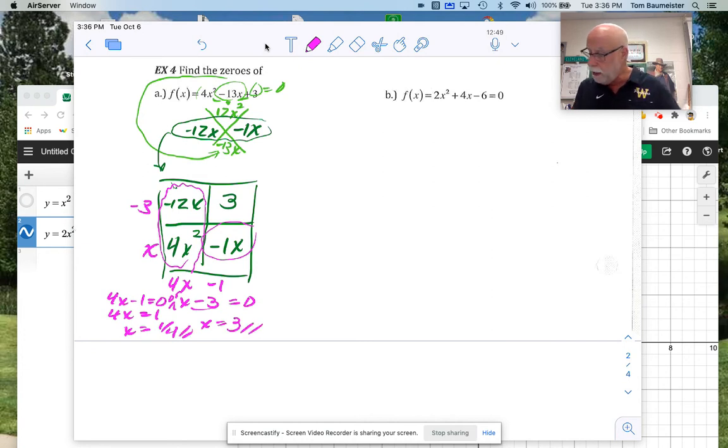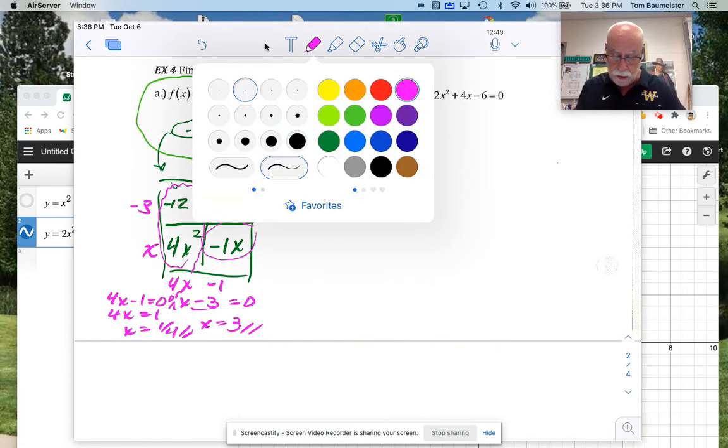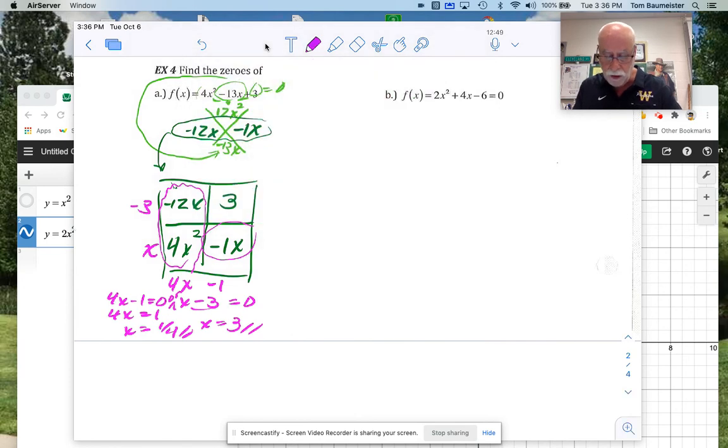Now on this one right here, I don't want you guys to think that you have to do that for every single one that doesn't have a coefficient of 1 in front. You can also use other things that might help you. So if I'm going to look at this, look at something you can factor out. Always look for something you can factor out. If I look at that, I can see that I can factor out a 2.